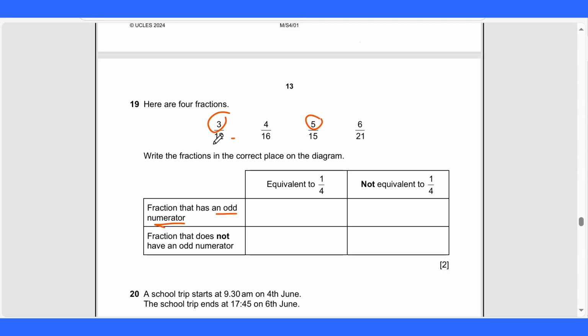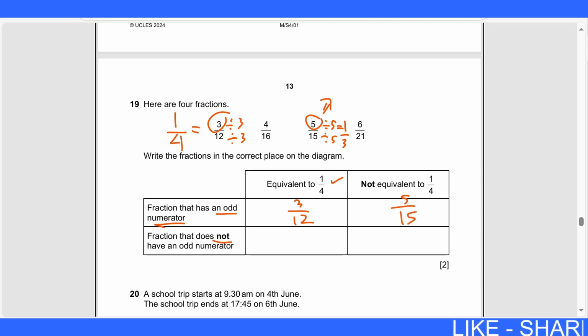Let's simplify. 3/12 divided by 3 gives 1/4, so we choose 3/12 for equivalent to 1/4. And 5/15 divided by 5 simplifies to 1/3, so this one is 5/15.